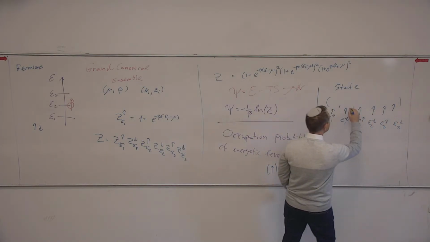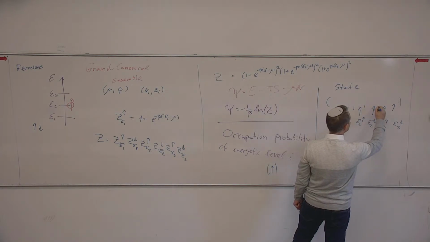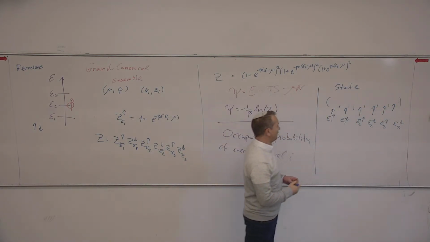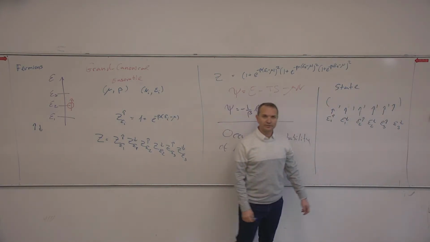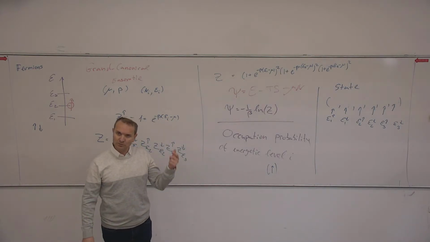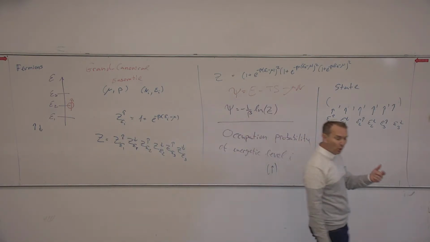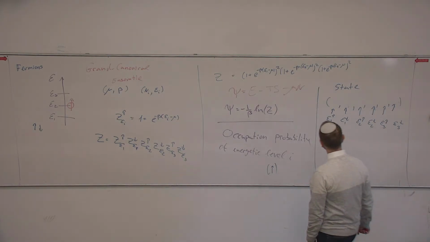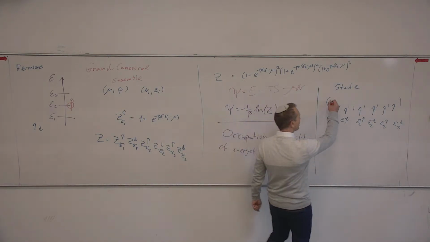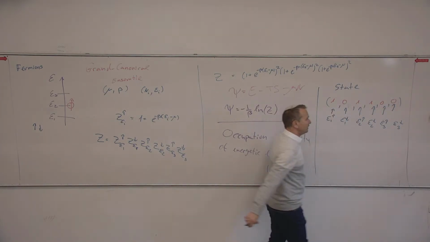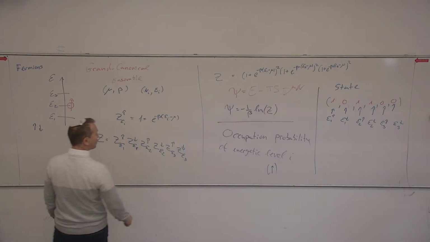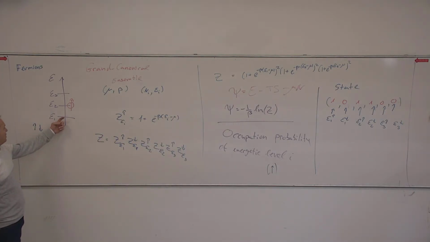What do I mean by entry? Consider that I have a vector, and in this vector there are 1, 2, 3, 4, 5, 6 different places. For each place, I'm writing either 0 or 1. So for example, 1, 0, 1, 1, 0, 0 is a specific state of a system for which there is a particle, a fermion, at energetic level epsilon 1 with spin up.